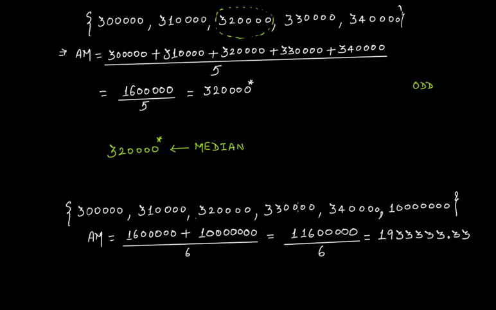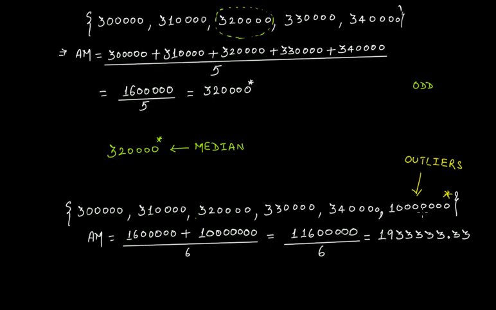It happened due to this extremely large value which swayed the outcome, and such values are called outliers. Whenever there is an outlier or outliers in a data set, you will not use arithmetic mean, otherwise your final outcome will be swayed.